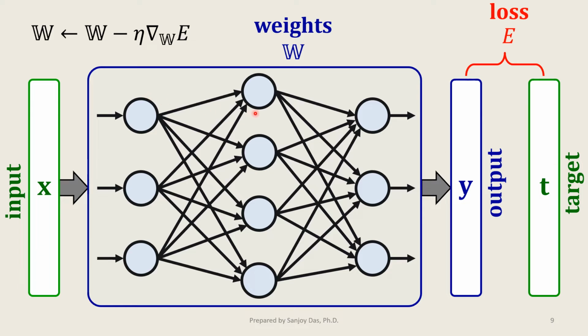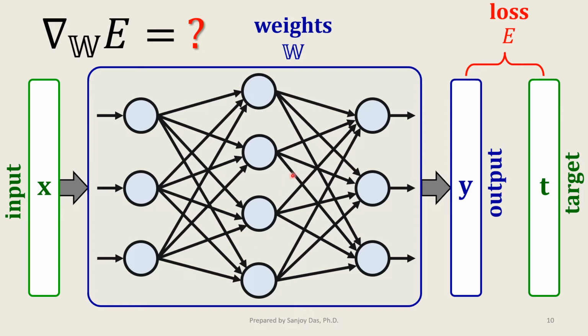If we were to apply the vanilla gradient descent algorithm, then each iteration of the neural network training would consist of this line here. W will be replaced with W minus eta times derivative of the loss E with respect to W. And eta here is a learning rate.